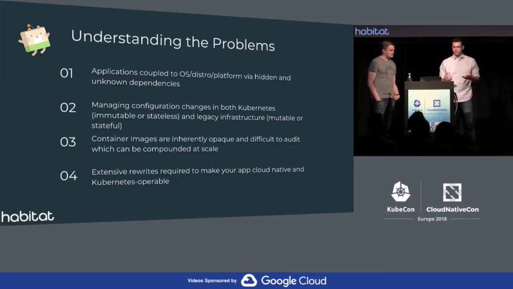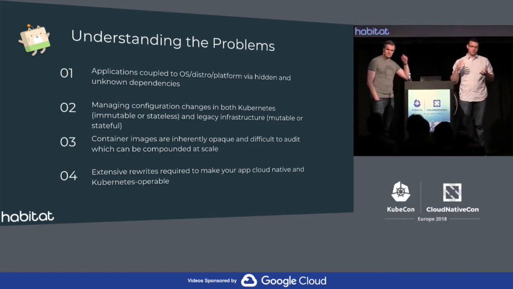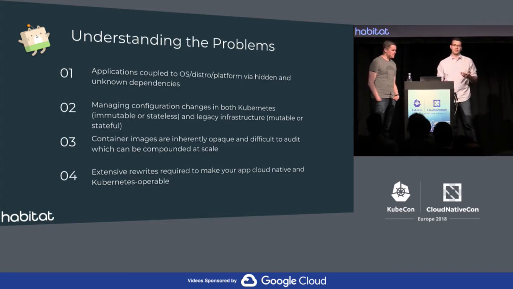So one of the aims of Habitat is to decouple your application from the OS so that you don't have to do something like from Ubuntu or from CentOS at the top of your Dockerfile. When you build a container in Habitat, it's actually from scratch. So it's just your application in the container.